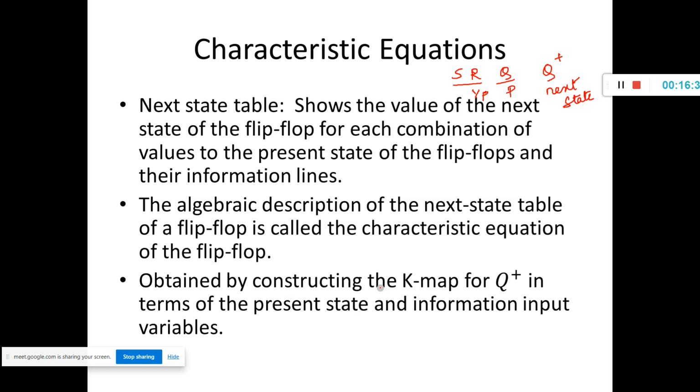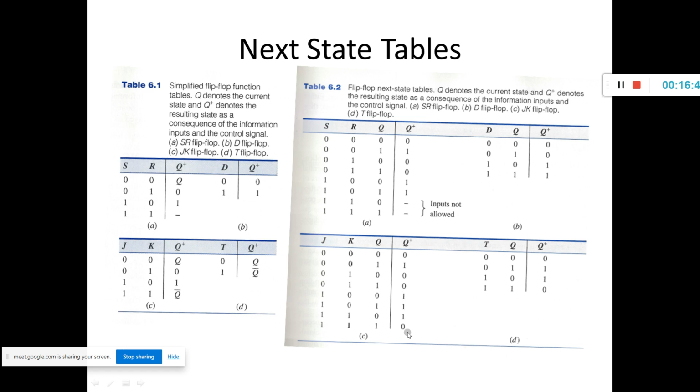It is obtained by constructing the K-map for Q plus in terms of the present state and the information input variables. This will be very well understood when I solve it with various flip-flops. So here I am talking with respect to SR now.